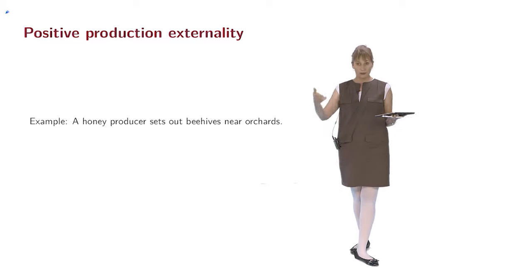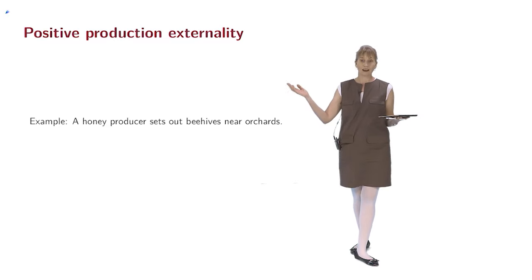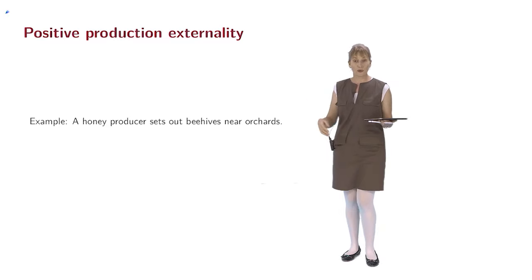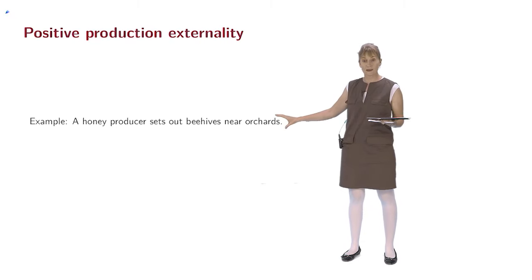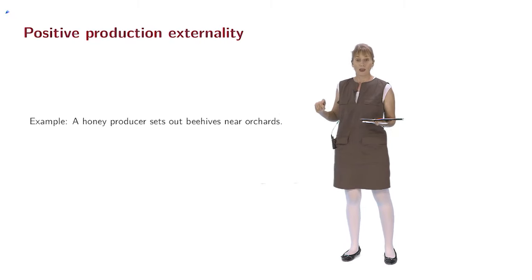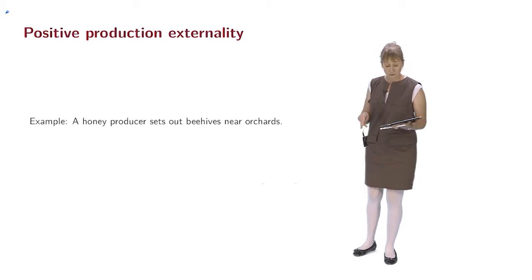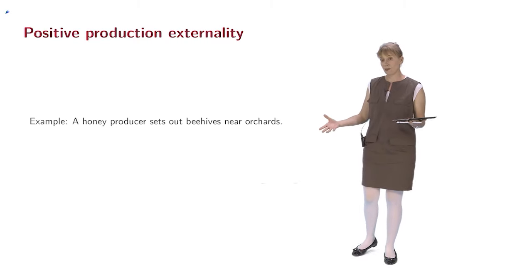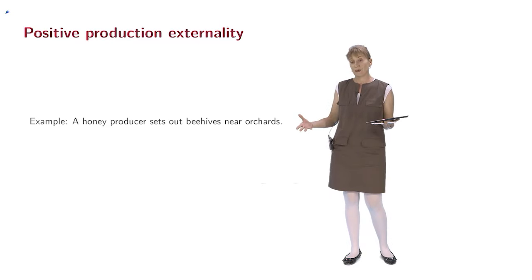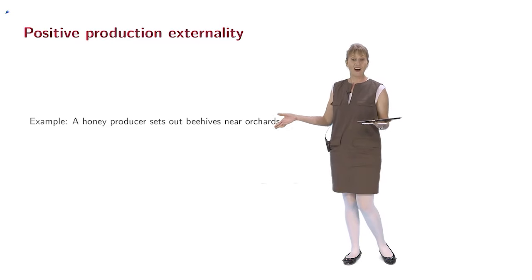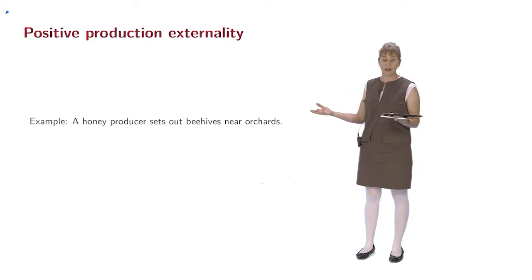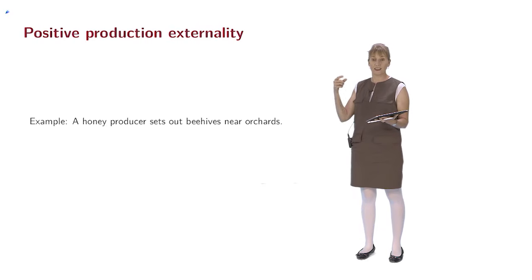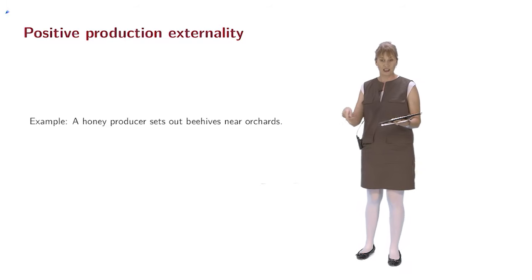The honey producer sets the bees loose to collect pollen to create honey, but the orchardists benefit from their trees being pollinated. So the costs that the honeybee producer faces are greater than the cost to society, because we need to account for the reduced costs that our farmers face for pollination services.